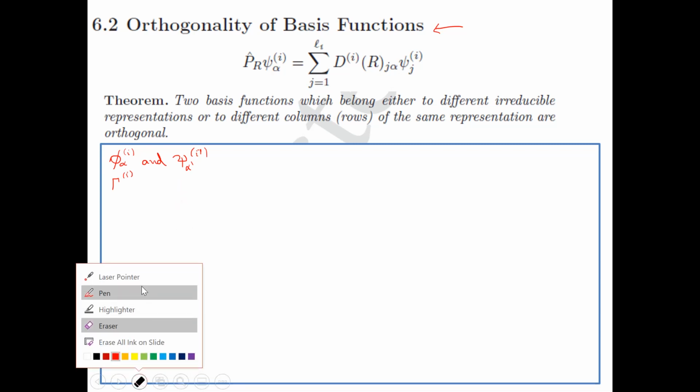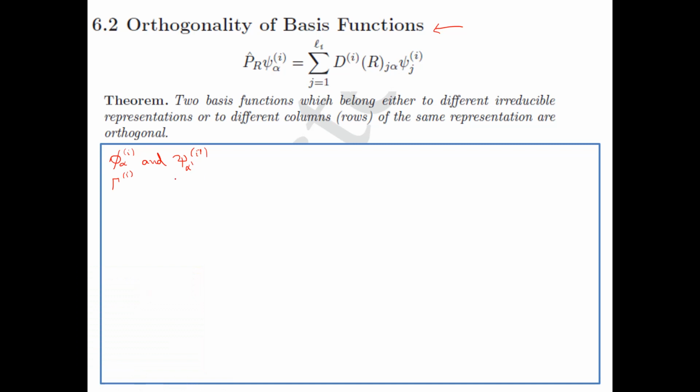This is the partner alpha, and this is the partner alpha prime. Let's prove that they are orthogonal unless I equals I prime and alpha equals alpha prime.